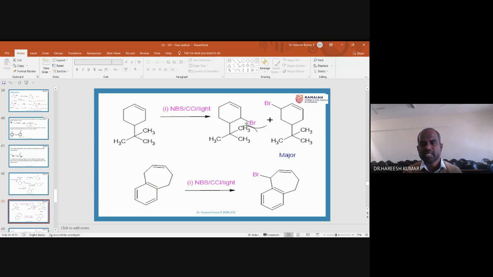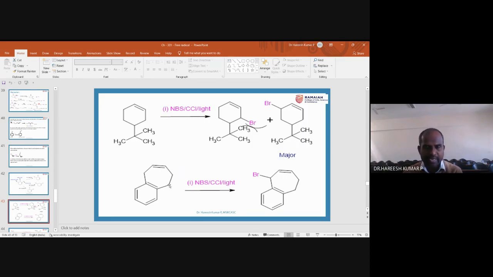Because of the steric hindrance, the bromination at this allylic position is not favored compared to this one. So this will be the favored one because of less steric hindrance. But here there is more steric hindrance. That is the reason this product forms in less quantity and this product forms in more quantity.